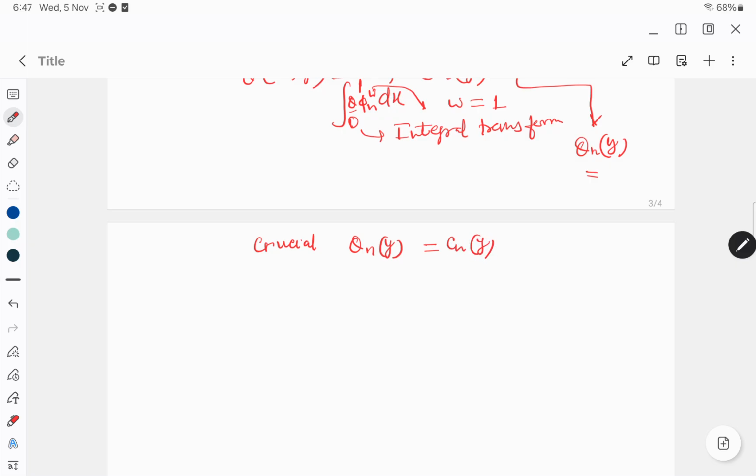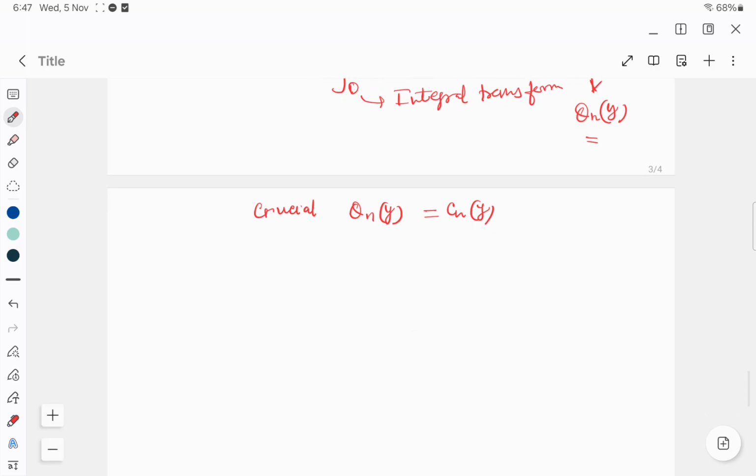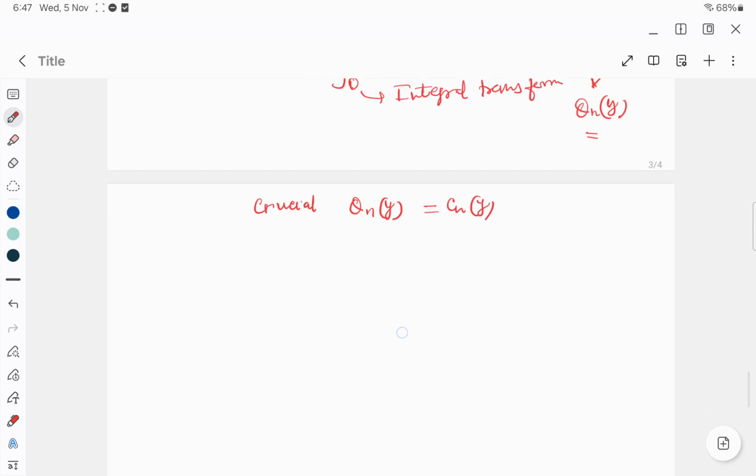On summation you will get this c n of y, as I will tell you as I go along. If we determine this theta n of y for all values of n, then this would lead to the solution.